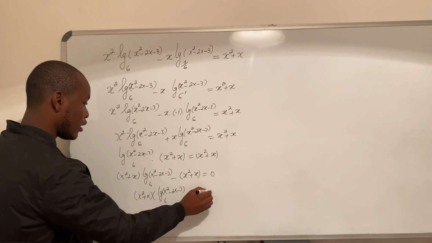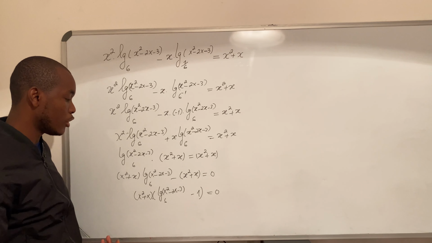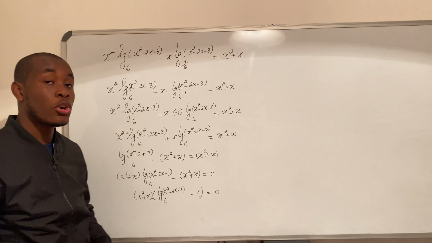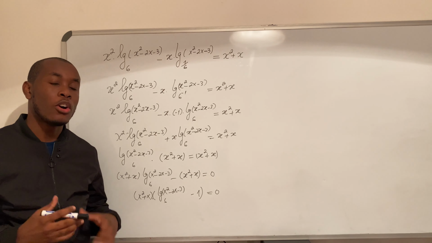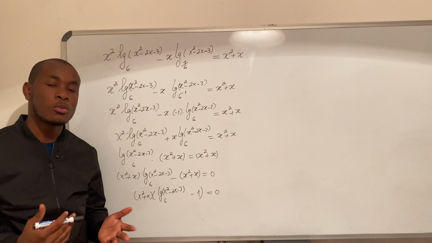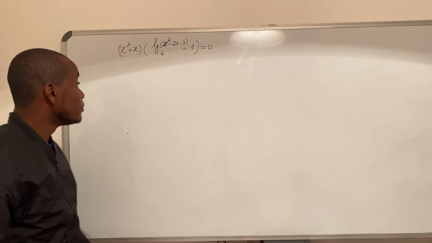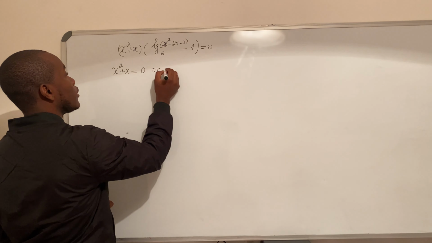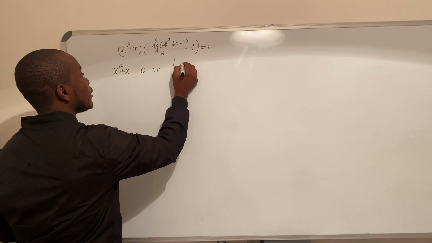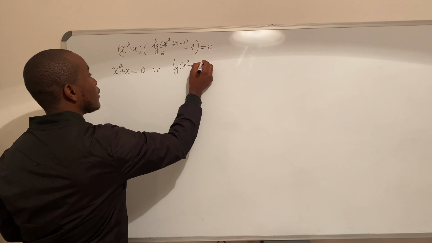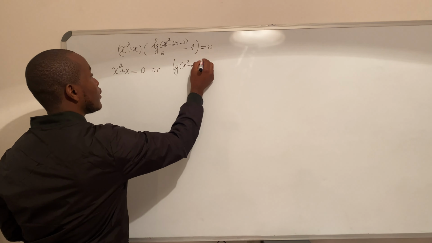Again, product of two expressions being equal to 0. In maths, the product of two expressions is only equal to 0 if at least one of them is 0. So, let's now solve. X squared plus x being equal to 0, or the other part being equal to 0.